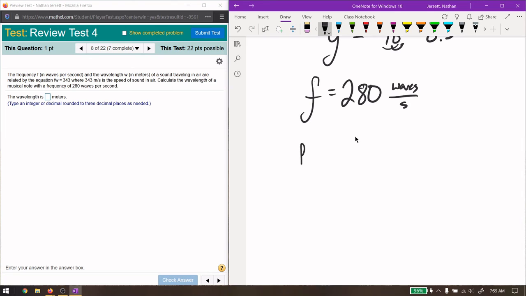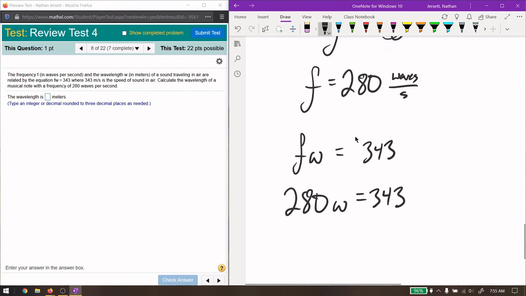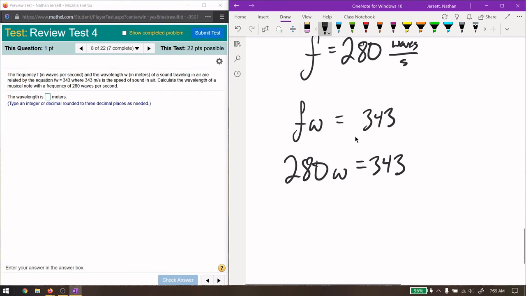So we also have the formula frequency times the wavelength equals 343. Frequency is 280, so we have 280 times W. And now all we have to do is solve for W, because that's what we're trying to do, calculate the wavelength.